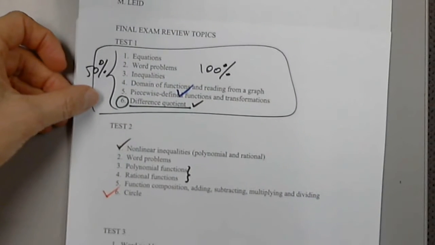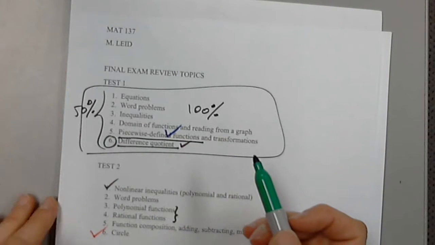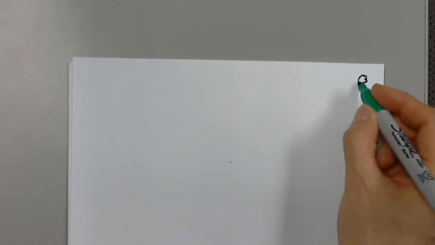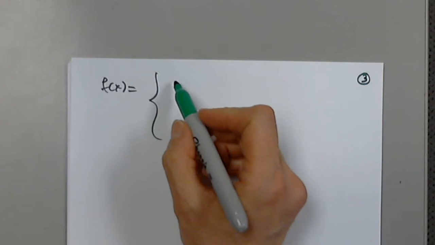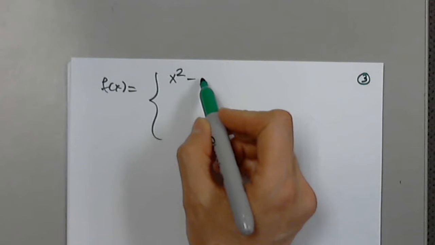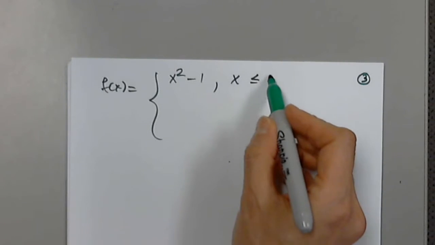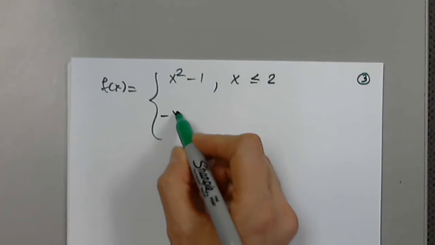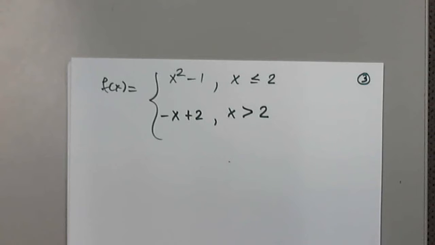Can we do a piecewise defined function? Absolutely. Yes, a piecewise defined function is a very good idea. So here is one. Let's look at f of x equals x squared minus 1 for x less than or equal to 2, and negative x plus 2 for x greater than 2.